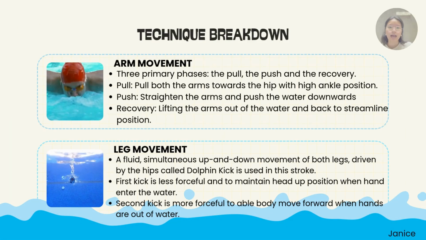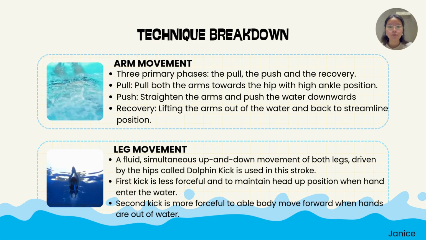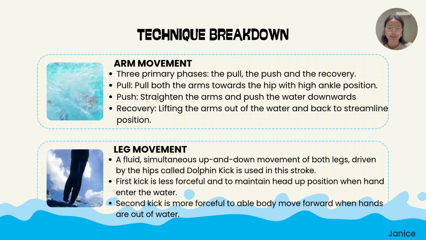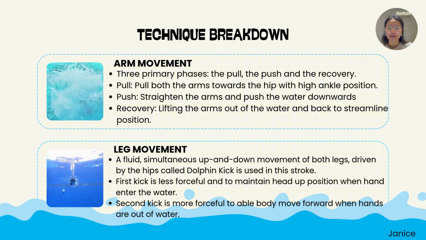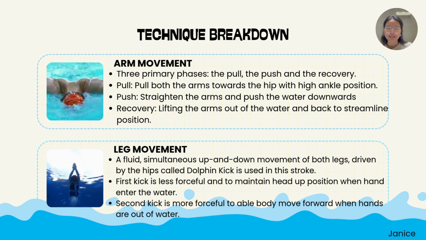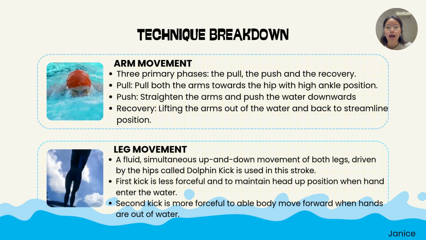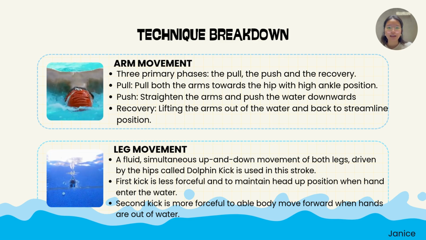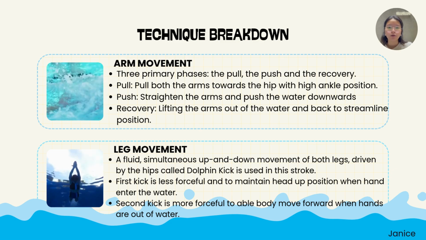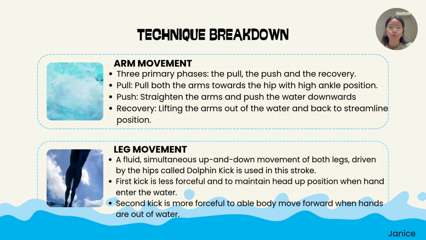Next is arm movement. For arm movement, we have 3 primary phases, which are the pull, the push, and the recovery. For the pull phase, we pull both arms toward the hip with a high elbow position. After that, for the push phase, we straighten the arm and push the water downward.